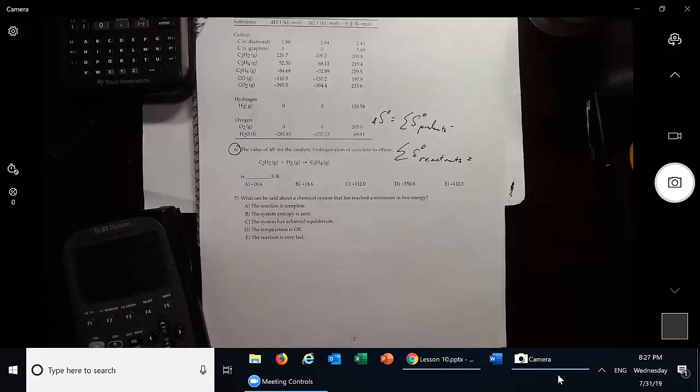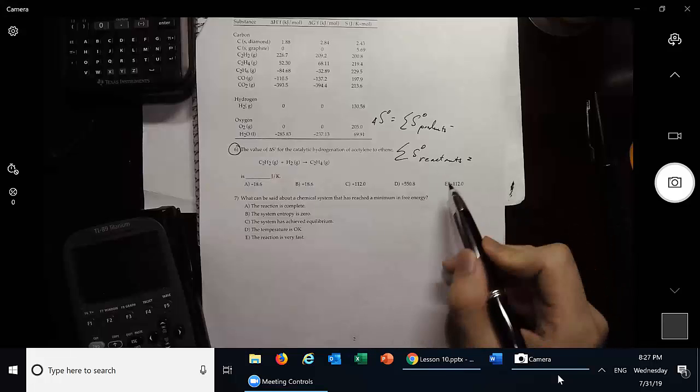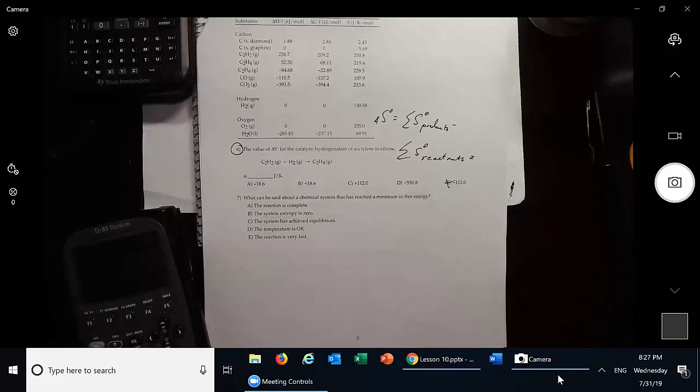So we should expect a large decrease in entropy. So hence negative 112. But we can do the calculation out.